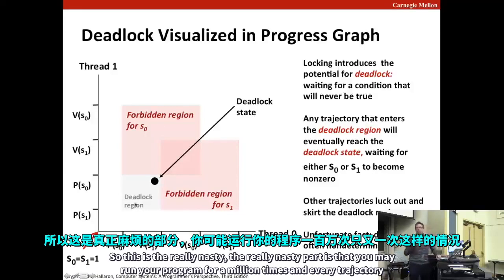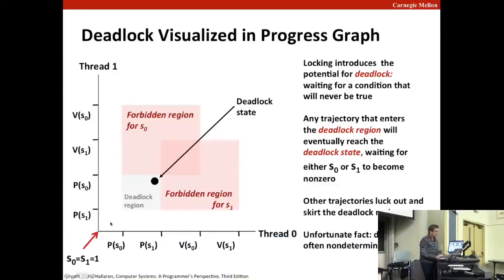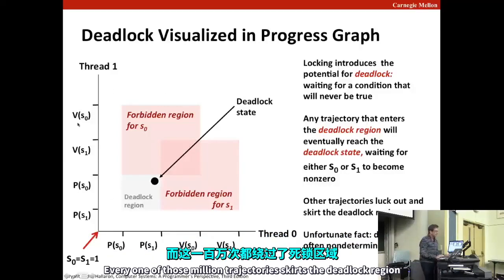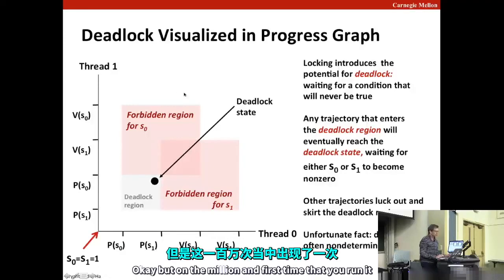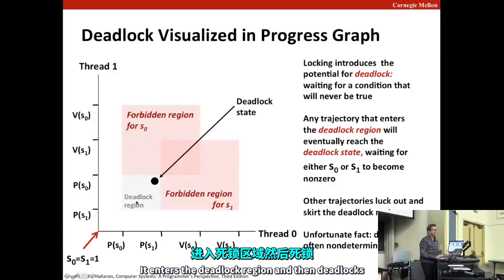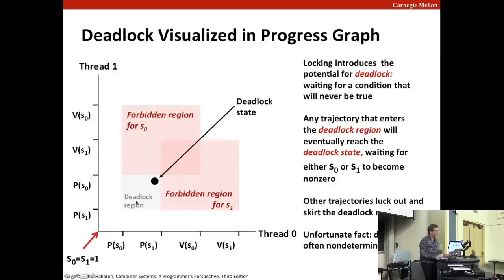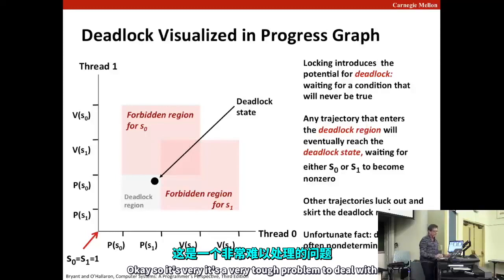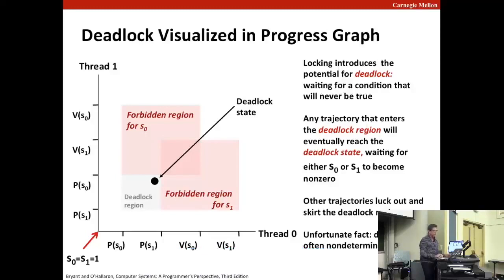So this is the really nasty part: you may run your program 1,000,000 times, and every one of those 1,000,000 trajectories skirts the deadlock region. But on the 1,000,001st time that you run it, it enters the deadlock region and then deadlocks. So it's a very tough problem to deal with.